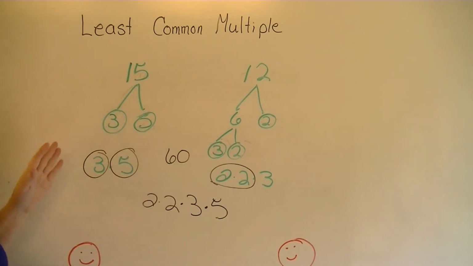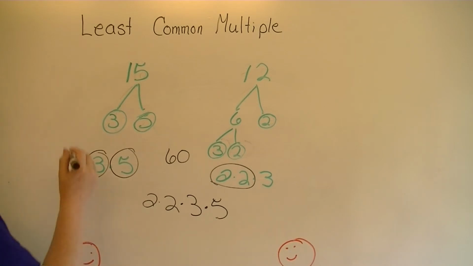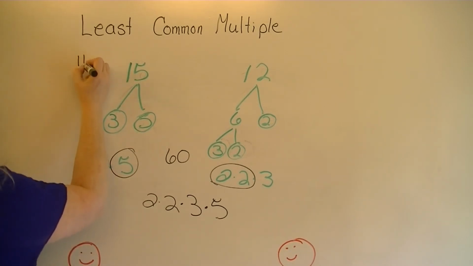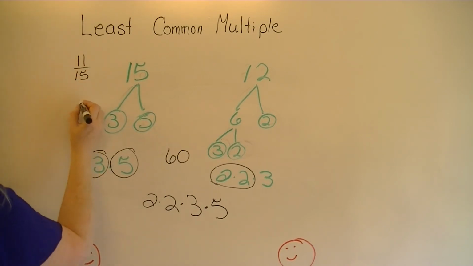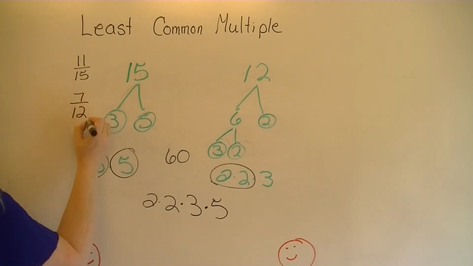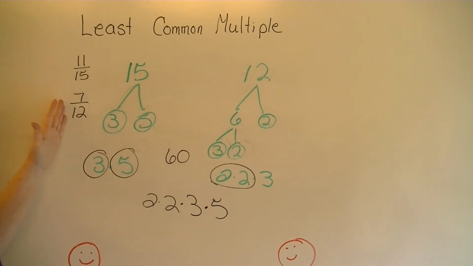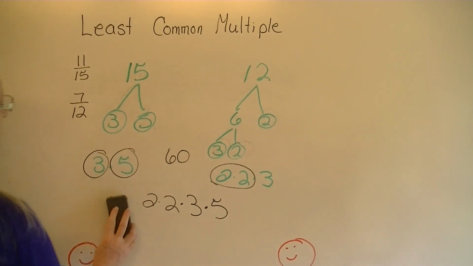So if I needed to add, or let's say that I wanted to compare, maybe we had 11/15, and say we had 7/12, and I wanted to compare these two fractions. I could easily turn the denominators into a 60. So let's go ahead and do that.